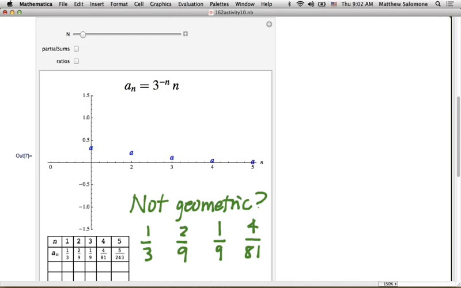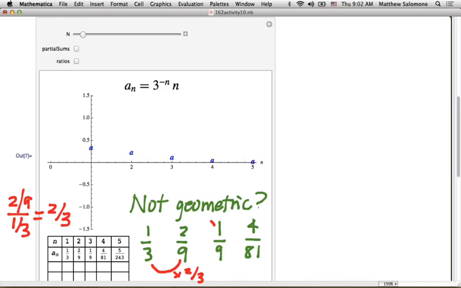How can I prove to you, or how can you prove to yourself, or to somebody who's not taking our class, that this is not a geometric series? Common ratio. Let's find the ratios. If I take the ratio of the second term to the first term, that's going to be 2/9 divided by 1/3. Reduce that out, I believe it's 2/3. And so the ratio between the first term and the second term is 2/3.